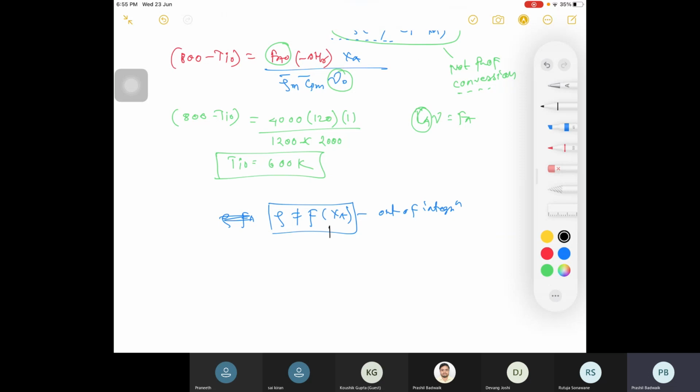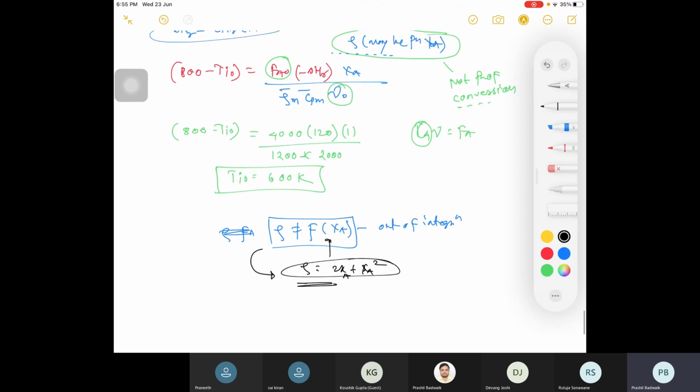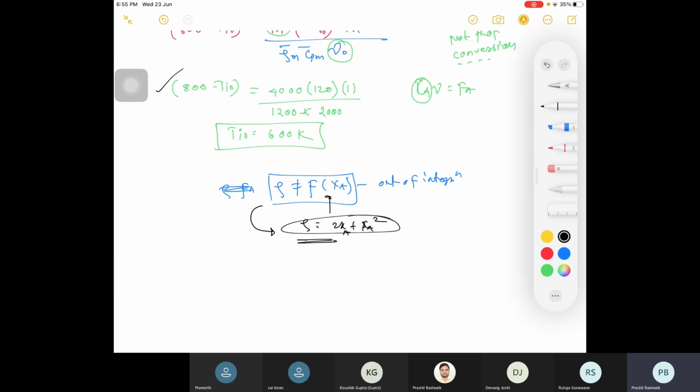And if it is function of conversion, then it is given that density is equals to 2x plus 2XA plus XA square, or some kind of equation will be given, right? Here it is not given. Is any equation given for density? No. So we are considering it is not function, and you will be having a simple equation. You just substitute the value and get the answer.